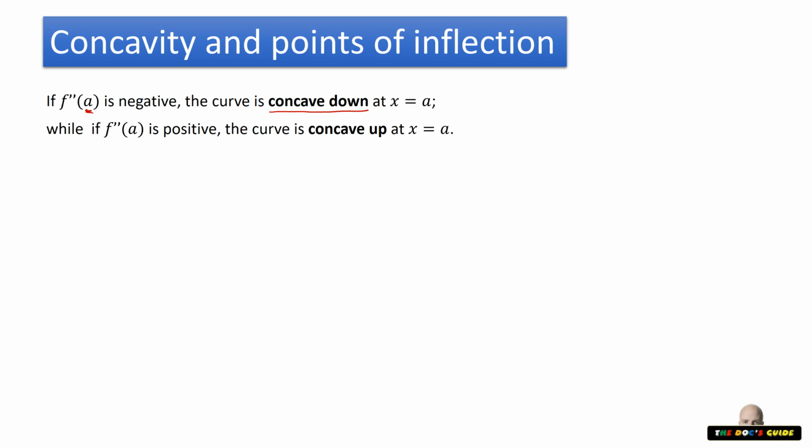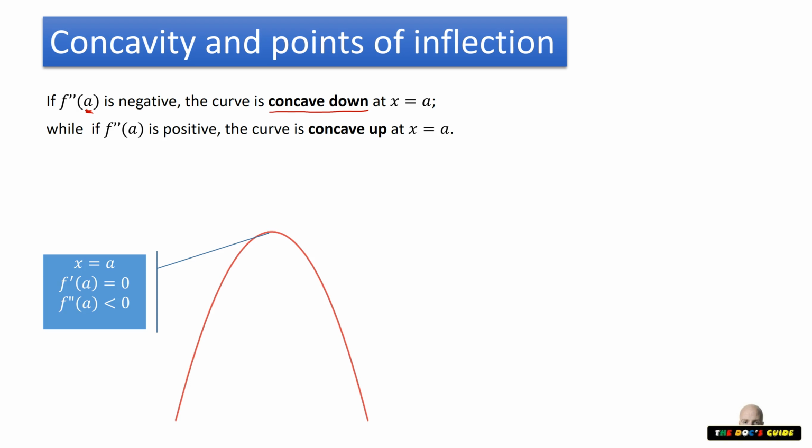If f double dashed of A is positive, the curve is concave up at x equals A. So think about this curve here: we've investigated it and found a spot where f dashed of A is equal to 0. So that's a stationary point, and to investigate its nature, we would have investigated the first differential either side of that point with a little table.